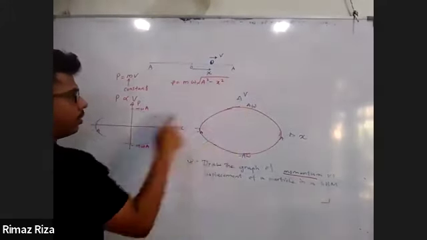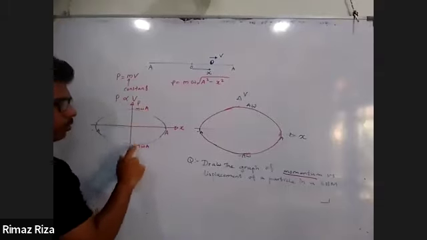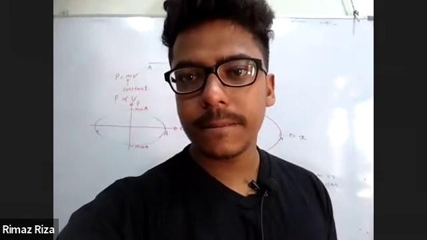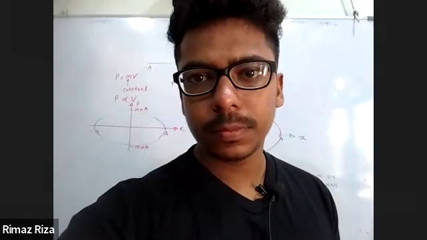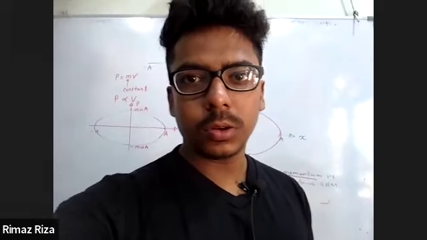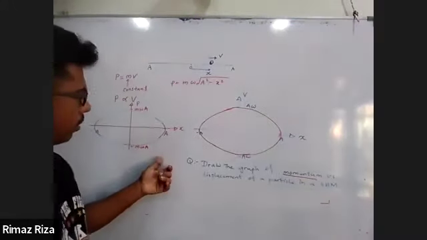Velocity omega a, for the momentum you multiply by the mass, so you get the corresponding values here. So this is also an ellipse, right?